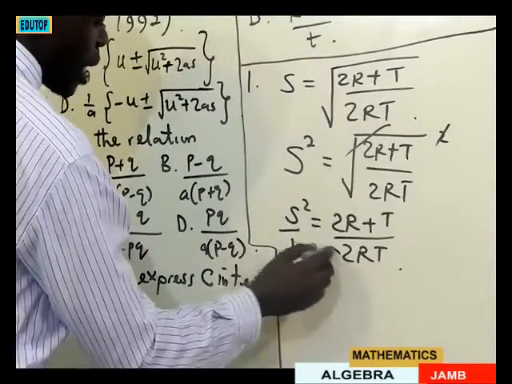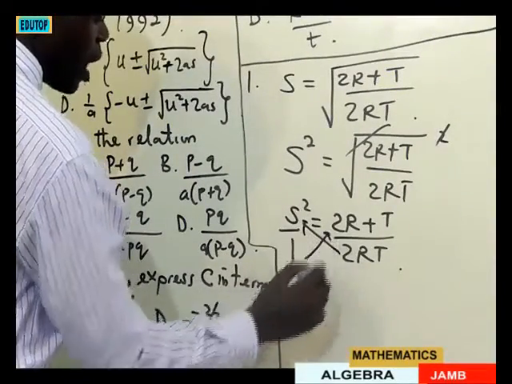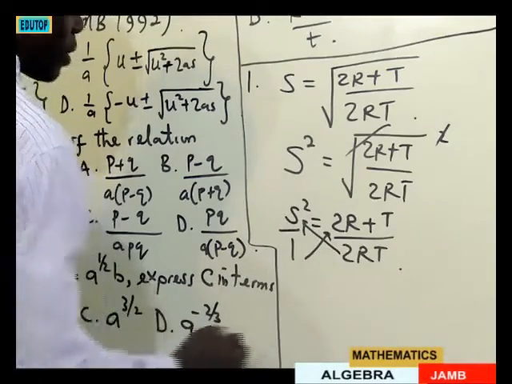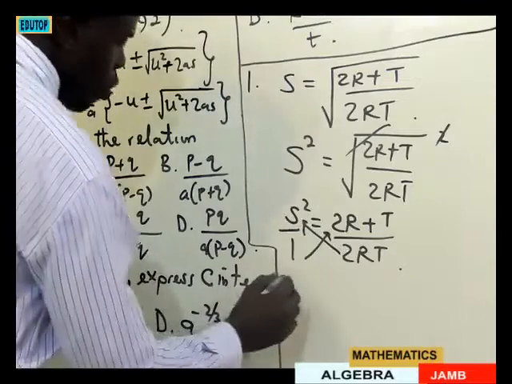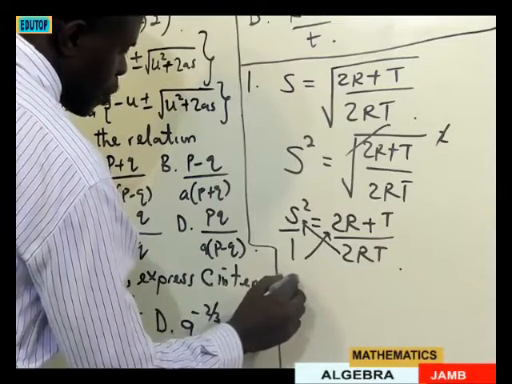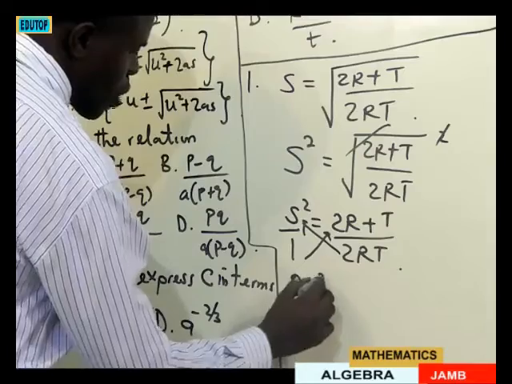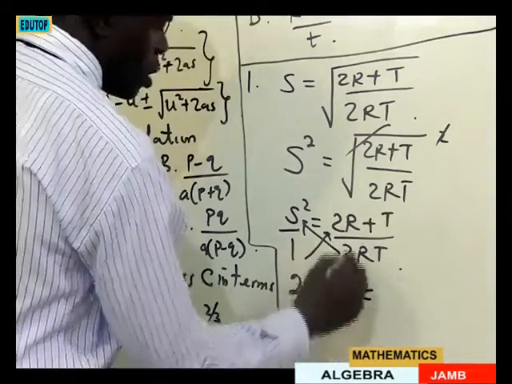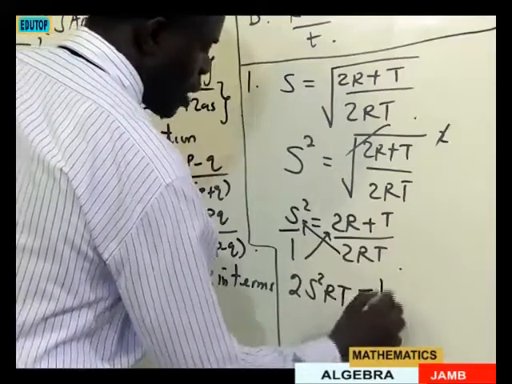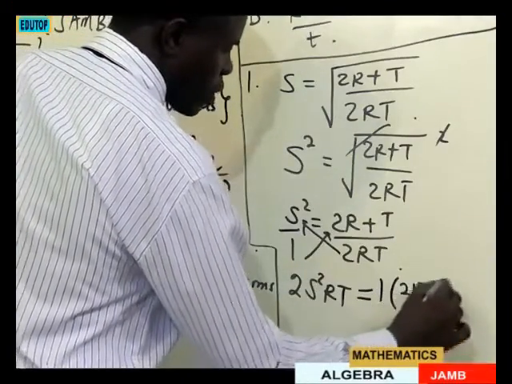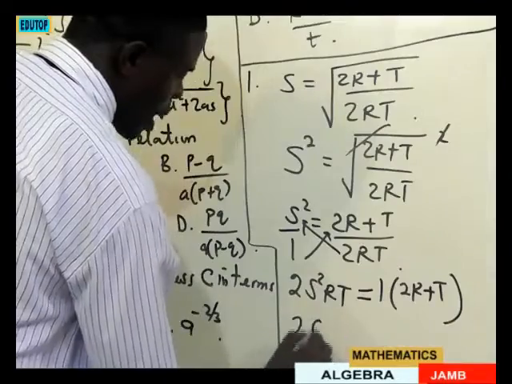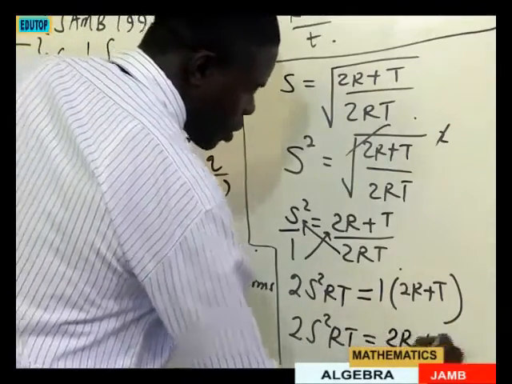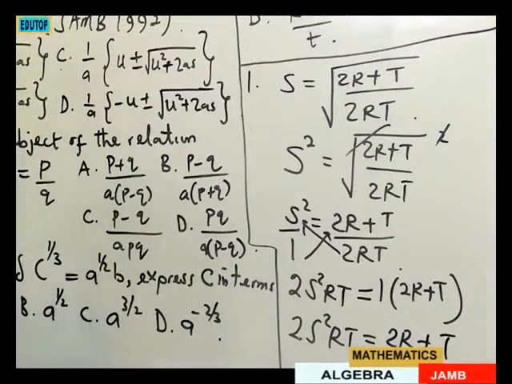So by cross multiplying, we have S squared times this, so we have 2S squared RT equals 1 into 2R plus T. That's what we're going to have.